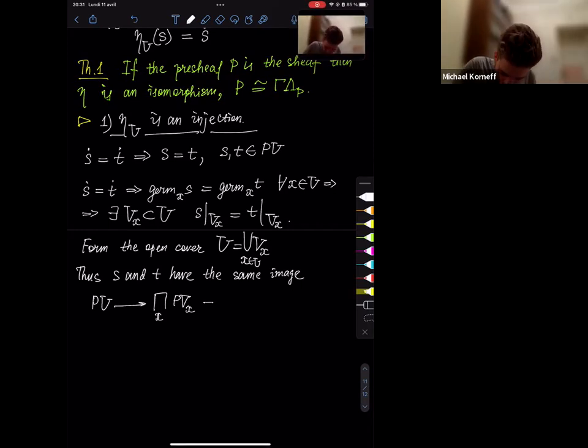But by means of the corresponding condition in the definition of sheaves, it means that S equals T, as there exists at most one such function.